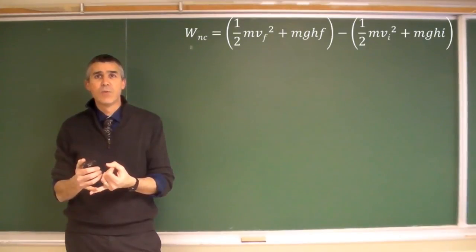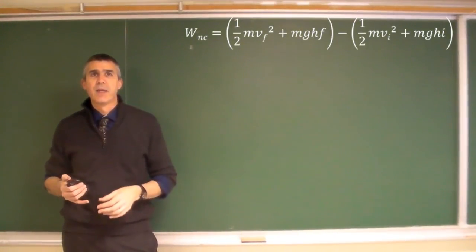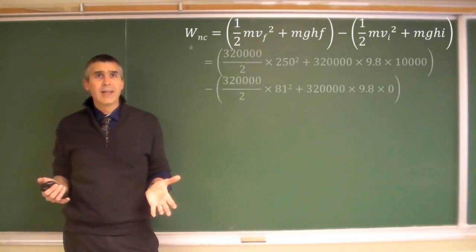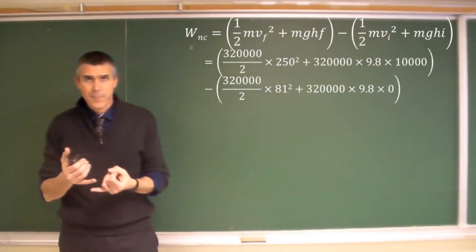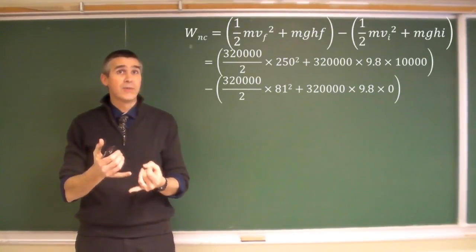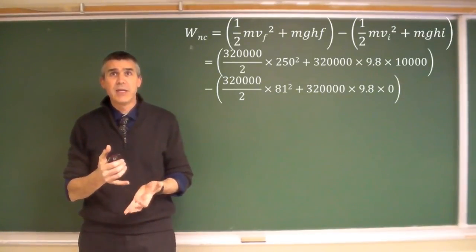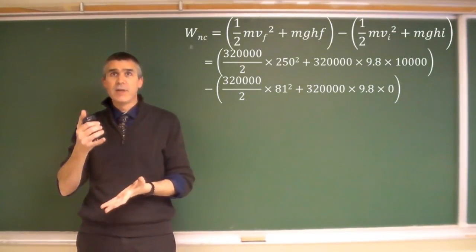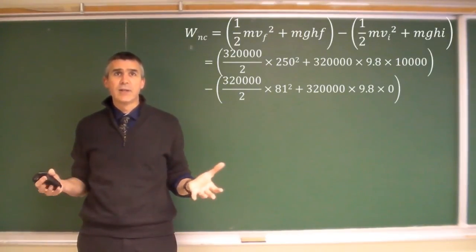That non-conservative work is what's going to lift it from ground level up to cruising speed. So, just plugging in the numbers, we've got 320,000 kilos for the mass, 250 meters per second for the speed, 9.8 for gravity, and so on. We just plug those values in, and we wind up with these great long equations.